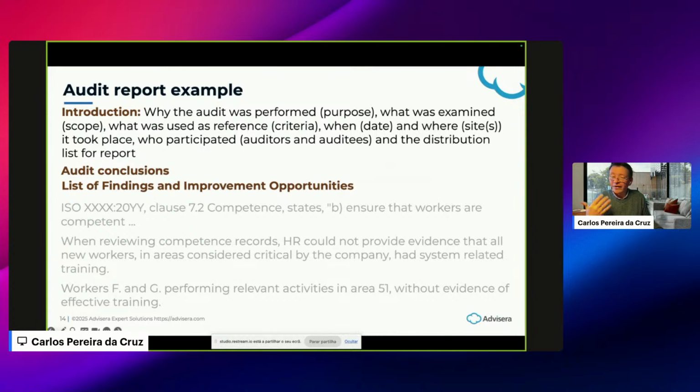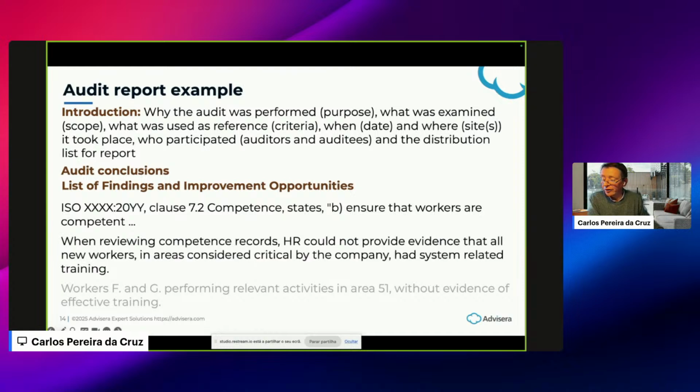So one example of a negative finding, a non-conformity, can be something like, okay, according to ISO 9001:2015 clause 7.2, competence states, ensure that workers are competent. When reviewing competence records, human resources could not provide evidence that all new workers in areas considered critical by the company had system-related training. Oh, you are making things up.